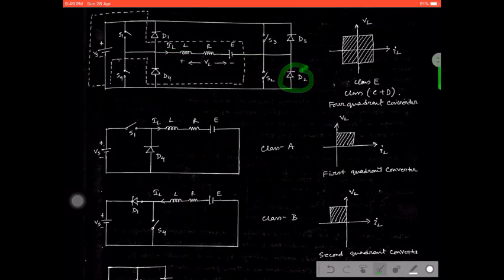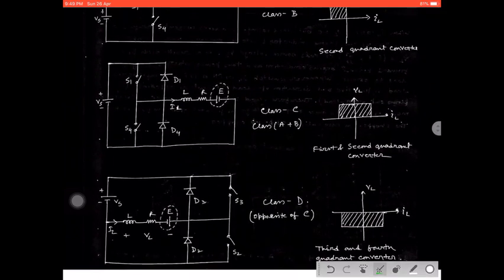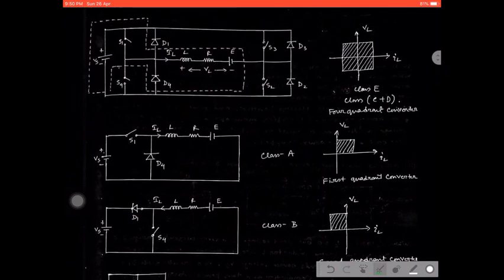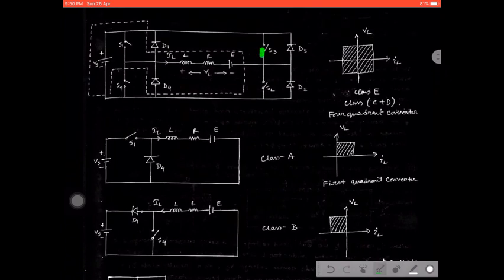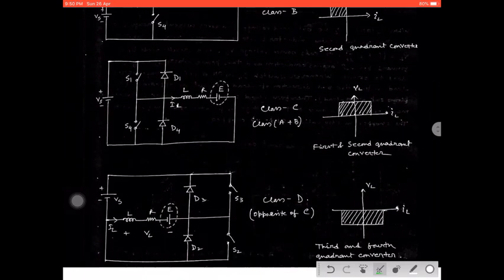Okay, now go to the circuit diagram. Now see, in the class D chopper, similarly, S3 is connected to the positive terminal of the supply voltage, and the other part is connected to the load. One more thing is very important to notice here: S3 is connected to the negative part of the E. That should be reflected on the diagram.